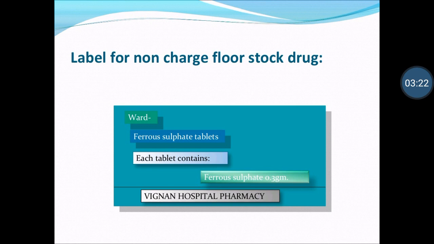Non-charge means common drugs, such as antibiotics and paracetamol, fall under the non-charge category. The label for a non-charge floor stock drug shows the ward, such as 1, 2, 3, 4, then the type of medicine, ferrous sulfate tablet, and the amount of drug in each tablet, 0.3 gram or 300 milligram, and the name of the hospital pharmacy, Vignan Hospital Pharmacy.